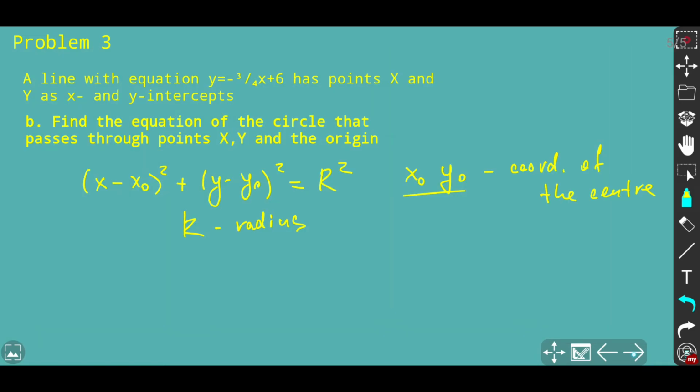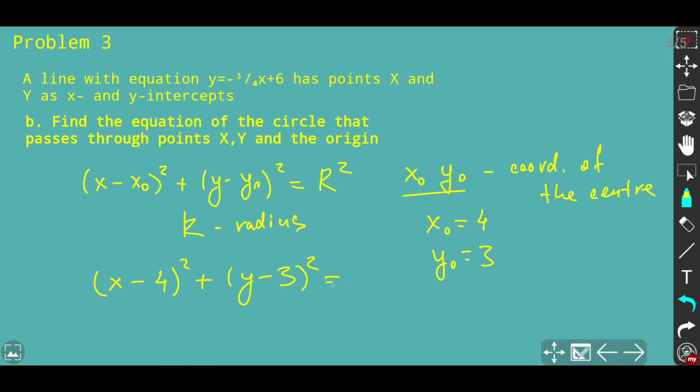So that's why we can move on to part B. So x0 is 4, y0 is 3, so the general equation is x minus 4 squared and y minus 3 squared.